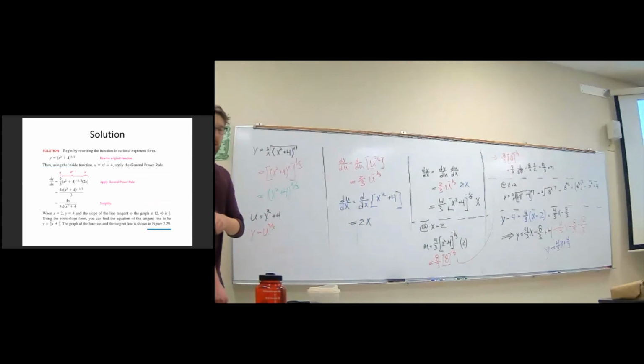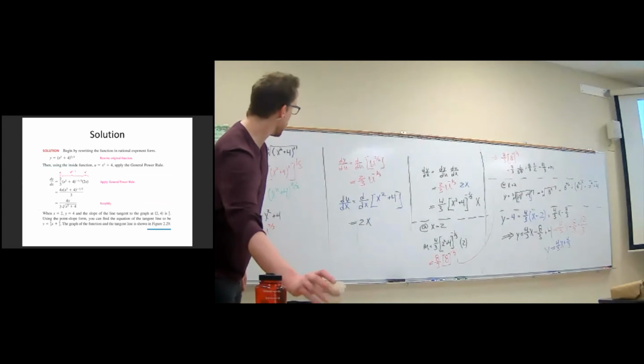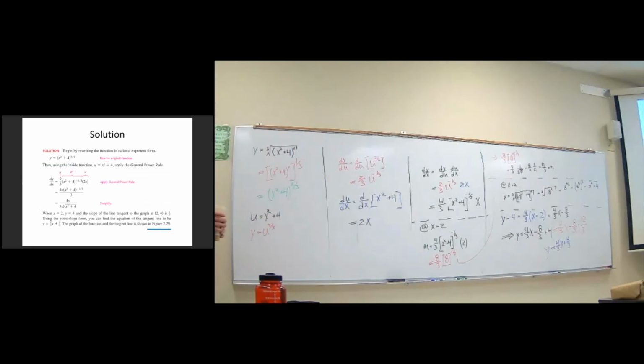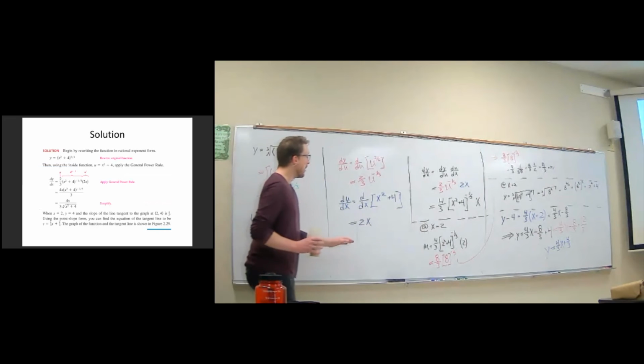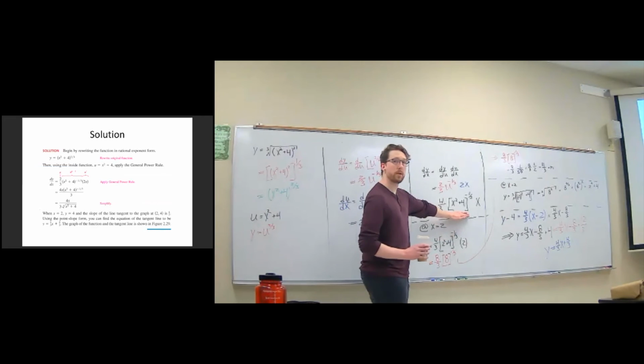Okay. Now, what did we just do? First, we used the chain rule to find the derivative of this thing. Then we said, all right, we've got the derivative that we found here.